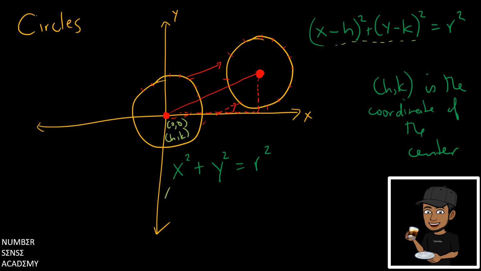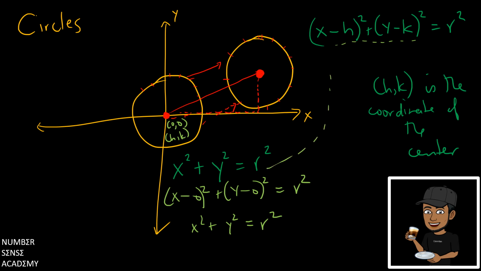So for this one, I would have x minus 0 squared plus y minus 0 squared equals r squared. x minus 0 is just itself. y minus 0 is just itself. So I'd still end up with x squared plus y squared equals r squared. So the main thing is that both of these formulas are the exact same.